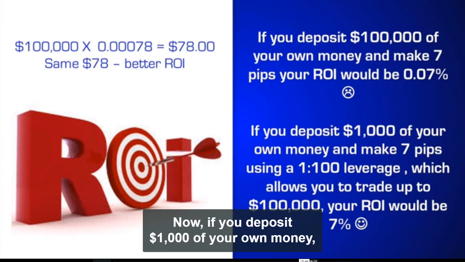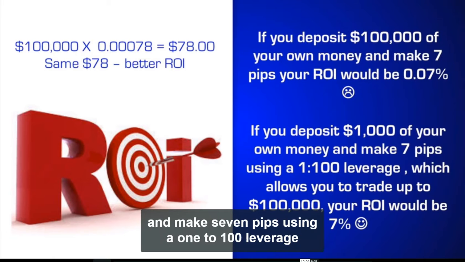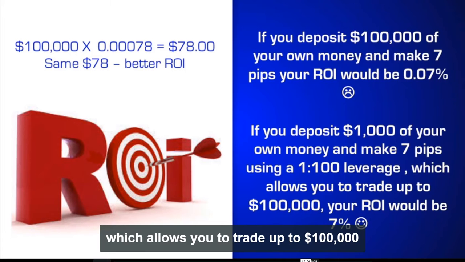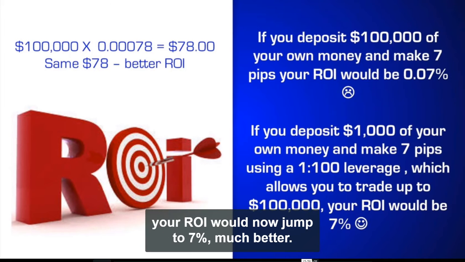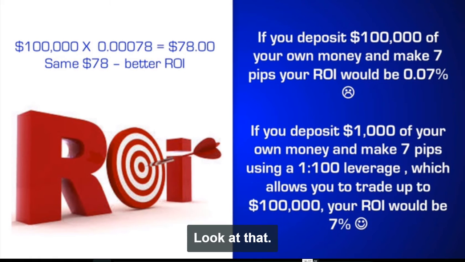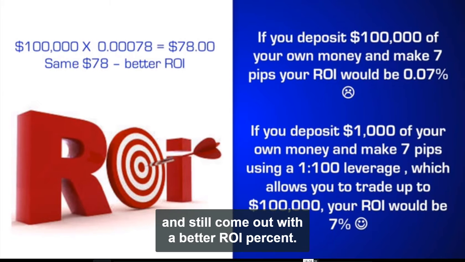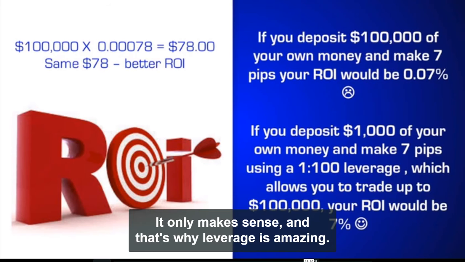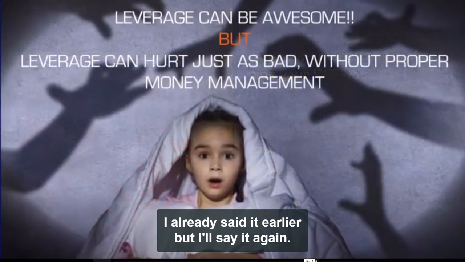Now, if you deposit $1,000 of your own money and make 7 pips using a 1 to 100 leverage, which allows you to trade up to $100,000, your ROI would now jump to 7%. Much better. Look at that. You deposited less money and still come out with a better ROI percent.